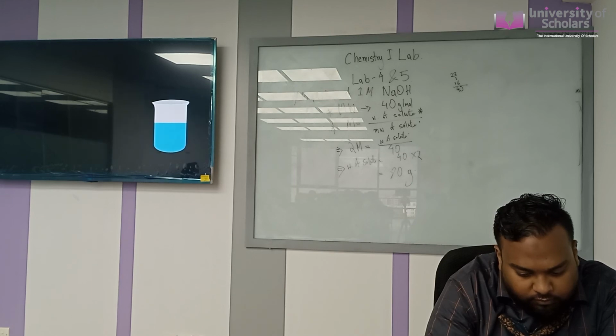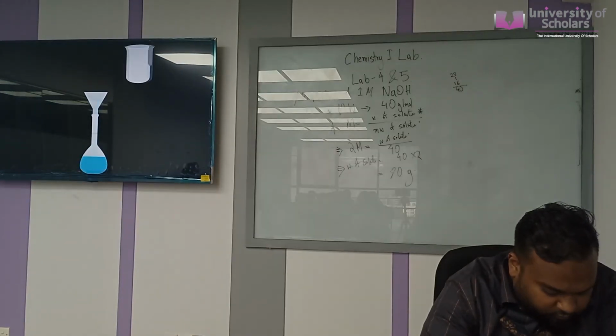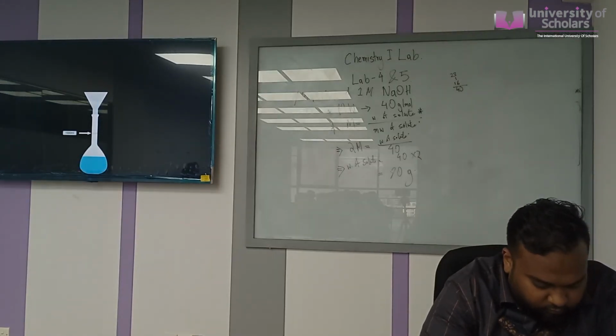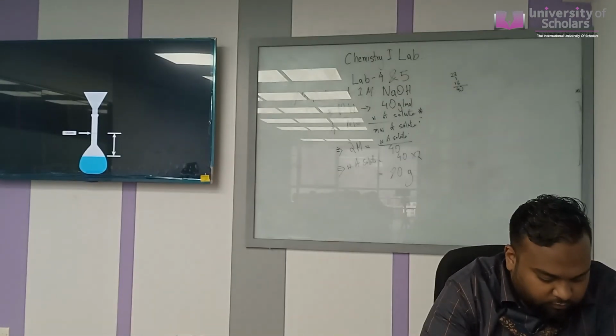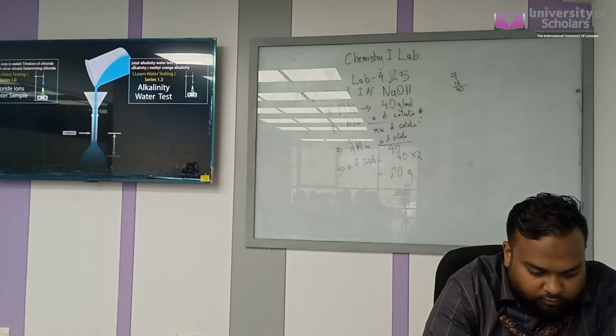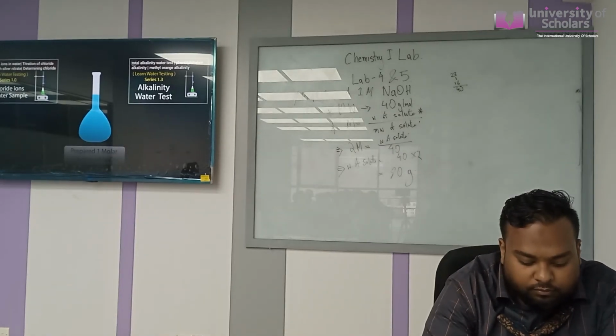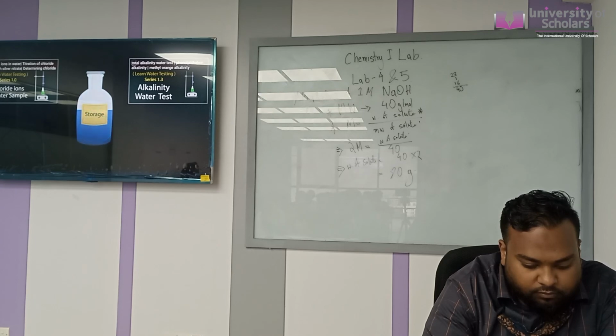Now put this solution into the measuring flask with the help of a funnel to avoid splashing. Now add distilled water up to the 1000 milliliters point. You have successfully prepared 1 molar solution of sodium hydroxide. You can store it in any bottle you want. Thank you.